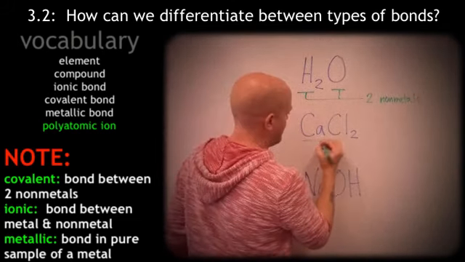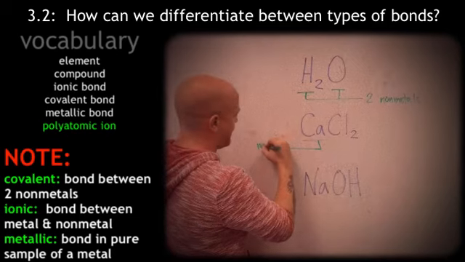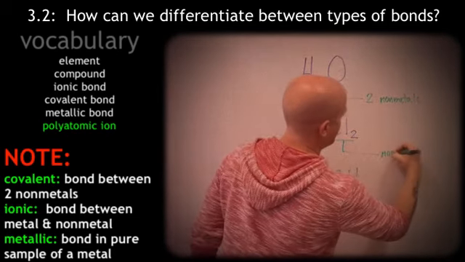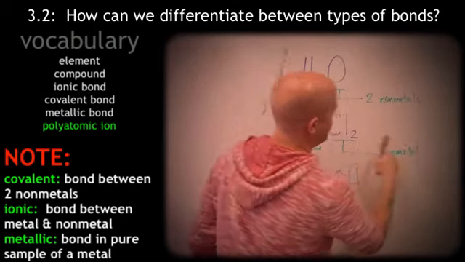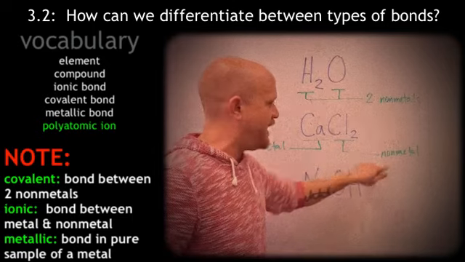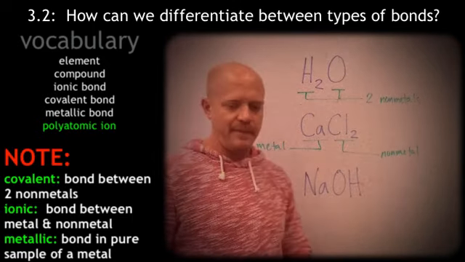If you look here, we have calcium, which is a metal, and chlorine, which is a nonmetal. This is ionic. Again, covalent, 2 nonmetals; ionic, metal and nonmetal.